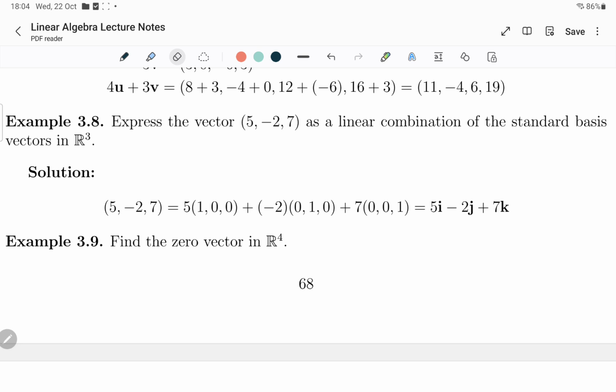The question: express this vector as a linear combination of the standard basis vectors in R3. So this is the question.